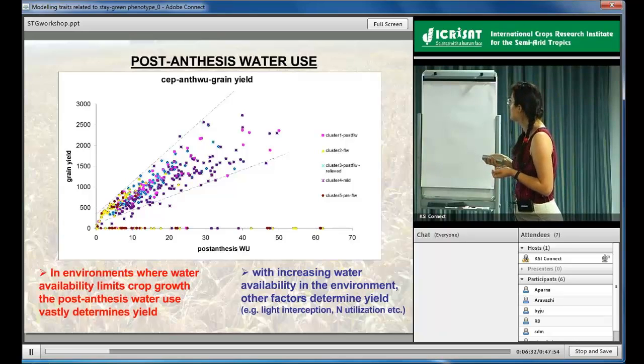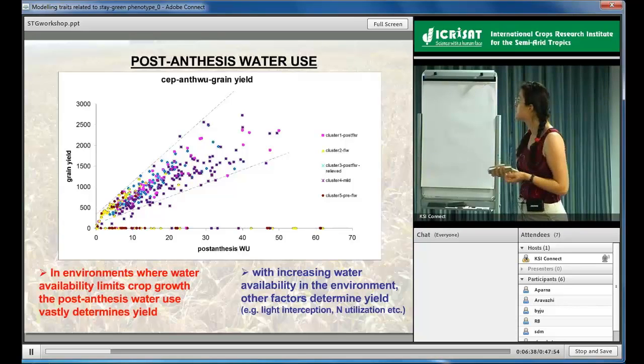So in this graph you see that these yellow and brown spots, those are those most severe stress scenarios. And in these most severe stress scenarios, the yield is vastly and very tightly determined by the post-anthesis water use.